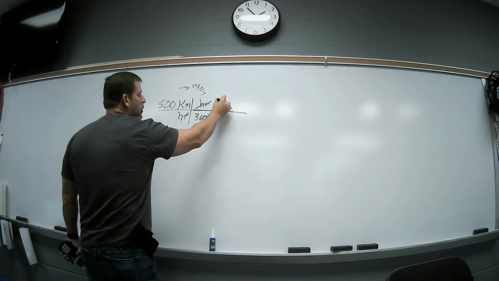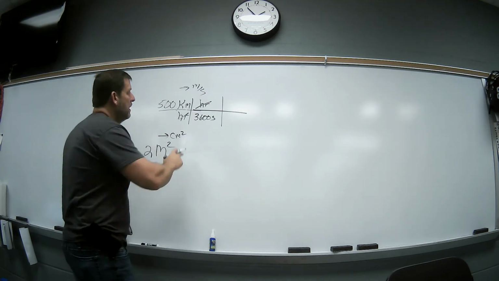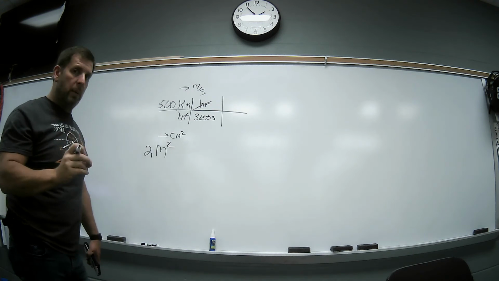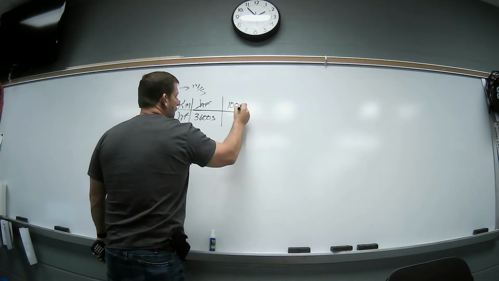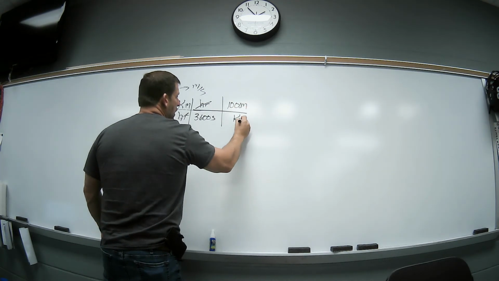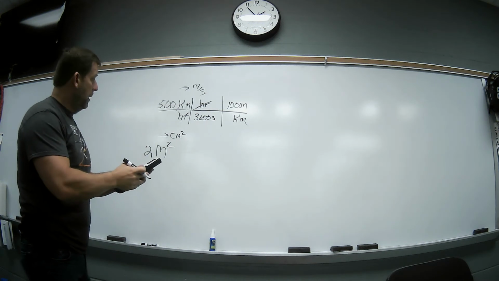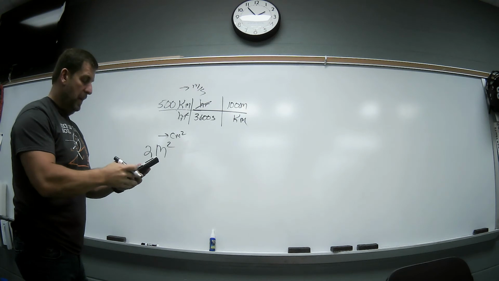All right. And now if I were to solve, I would get kilometers per second, but I need to convert that kilometers to meters. So what's the relationship between kilometers and meters? There's 1,000 meters in a kilometer. So what I'm going to do is on my calculator, take 500 divided by 3,600 times 1,000.